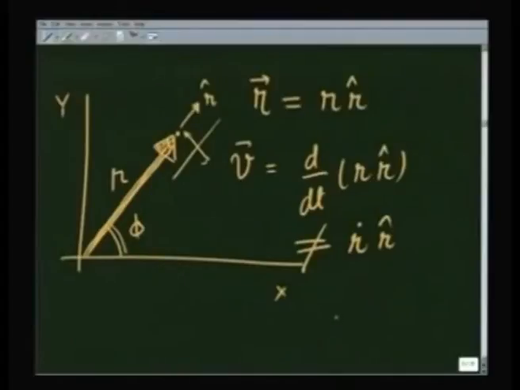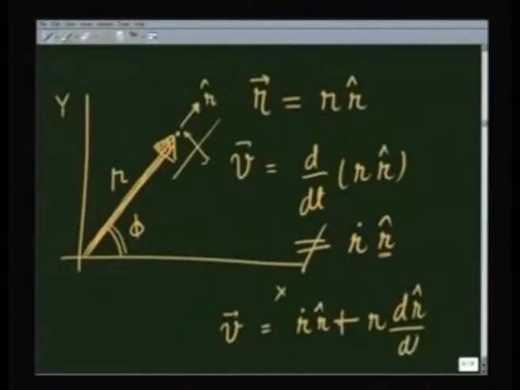Also, both r and unit vector r depend on phi, on the position of the particle. So, the velocity really should be written as r dot r plus r dr dt, that is the rate of change of the unit vector r itself.